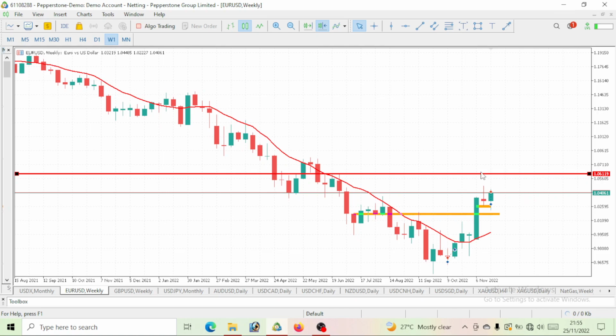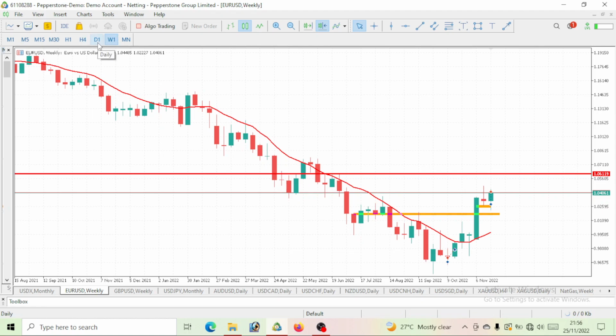One of the reasons I'm still expecting this is that once price reacted to a level previously and is close to that level, price will eventually get to that level and react to it. Price reacted to this level, giving us a pullback. So this is one of the reasons why I highlighted it here. Since price is close to this same level, price will definitely hit the level and react by giving us a bearish move. So this is one of the reasons why I'm watching out for this level of 1.06 on Euro USD.